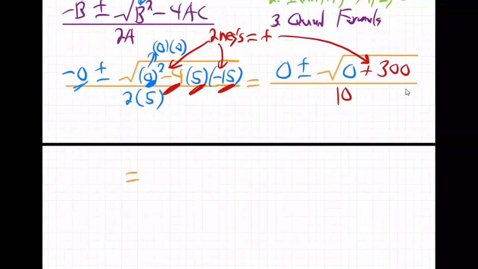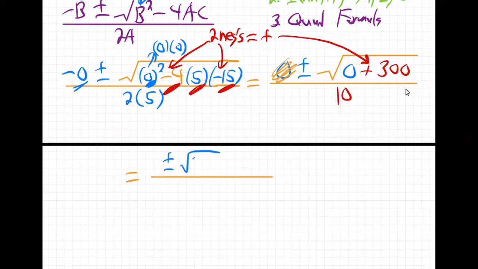And so then what do we get from there? Now this 0 in the front, forget about it. It's nothing. So it's just going to be plus or minus the square root of 300 over 10.